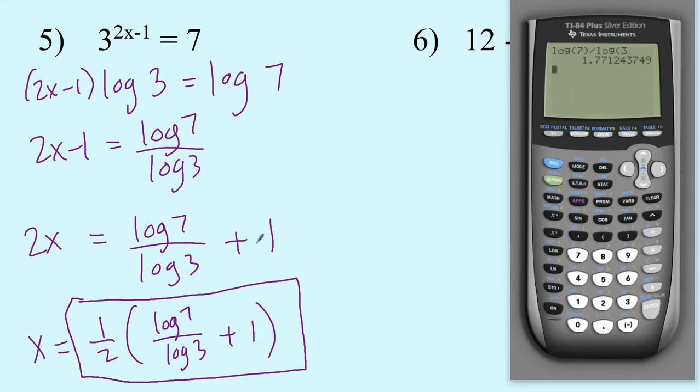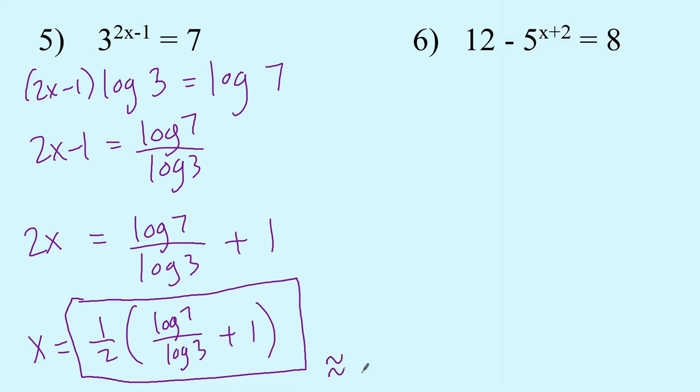We got that answer. Add 1 to it. Then we took that and divided by 2. And now I get my answer, 1.386, if I'm rounding to the 3rd decimal place. So watch how you're putting that in the calculator. Be careful.